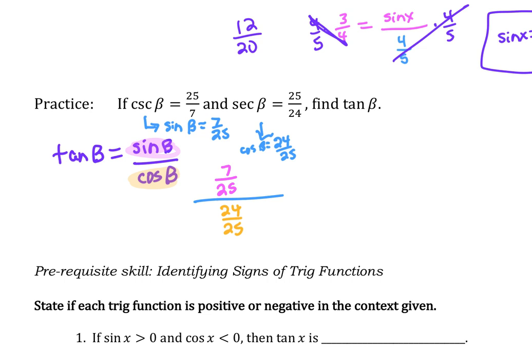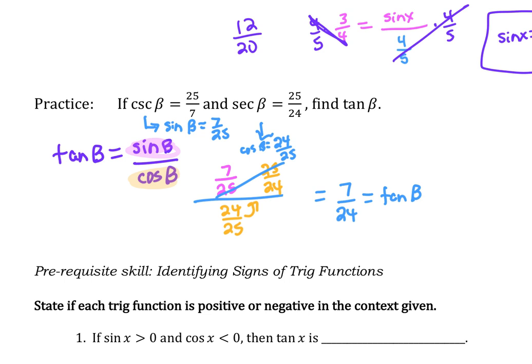So when we do keep it, change it, flip it, this becomes 25/24. Guys, what happens with the 25s? They cancel out. Those divide out, and what are we left with? 7/24. So tangent of beta is equal to 7/24.